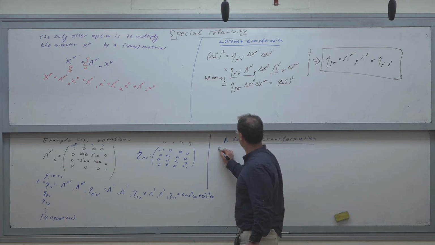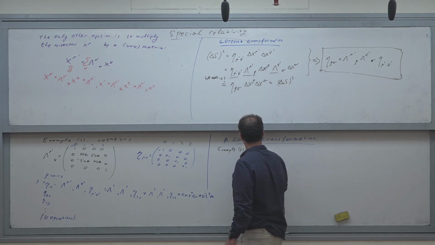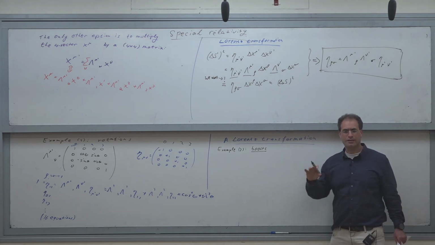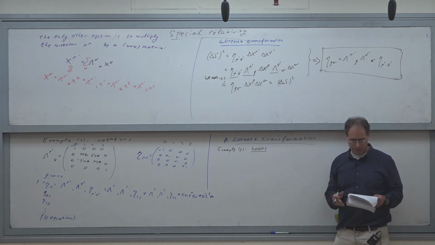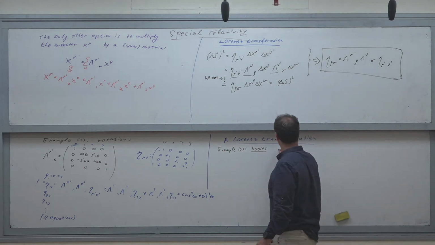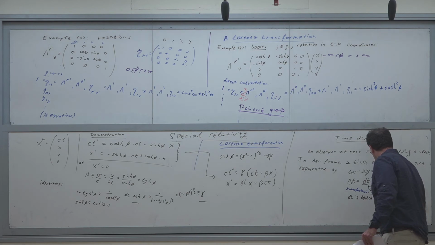So example 3, boosts. That's the name. It is really a rotation where time is one of the axes being rotated. So a rotation in the tx coordinates is denoted by d tau.